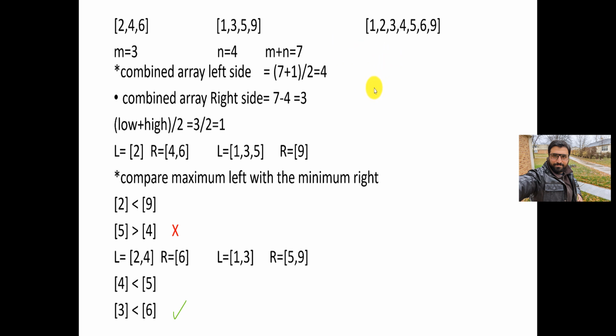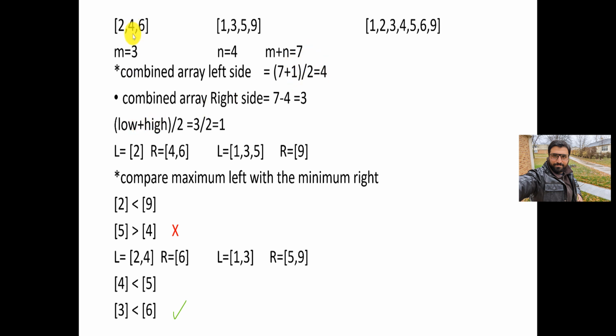So the arrays produced will have 4 elements on the left and 3 elements on the right. To achieve that, we take the length of the combined array, which is 7, plus 1 to guarantee a slightly bigger number on the left side, divided by 2, which is 4, right?